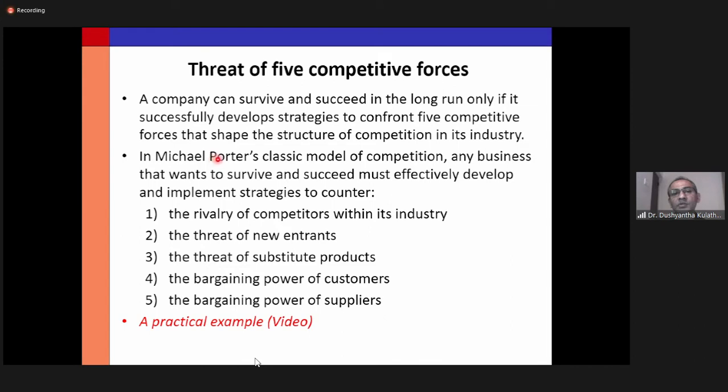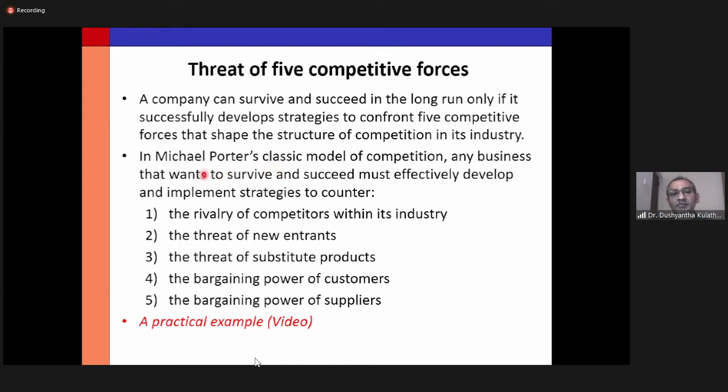But later on, the competitive strategies evolved. Maybe Professor Michael Porter introduced a couple of competitive strategies, but some other competitive strategies evolved later on with research and with the contribution of some other authors.